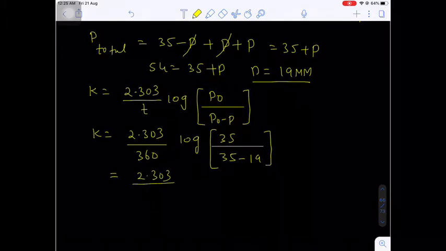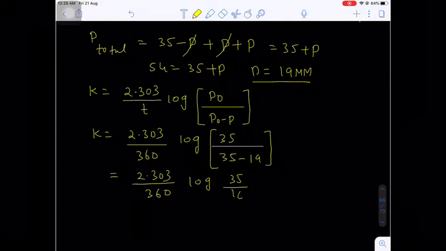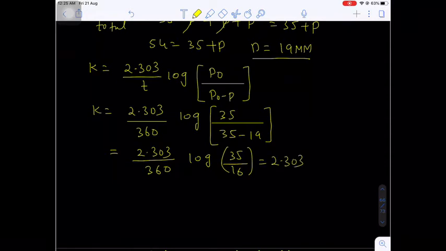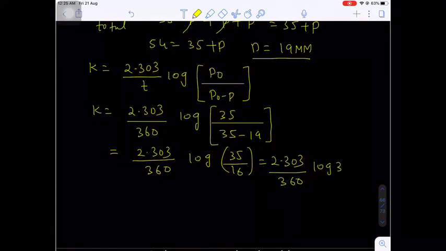So 2.303 divided by 360, log of 35 in the numerator and 16 in the denominator. Now log A by B is nothing but log A minus log B. So I am writing 2.303 divided by 360 into log of 35 minus log of 16.